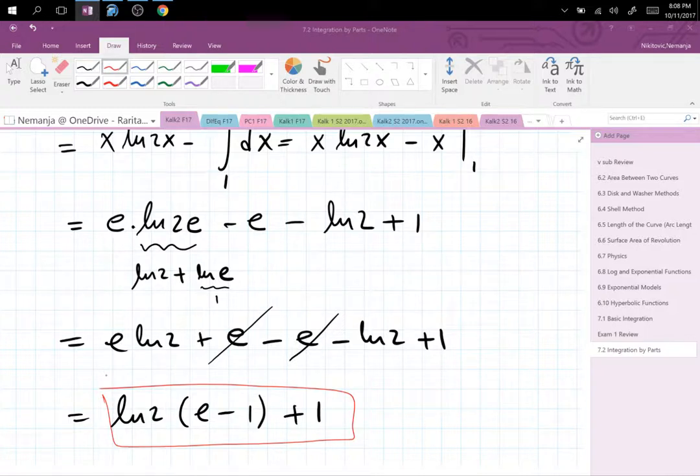Over here? e times natural log of 2e. Over here. They don't cancel each other. No, nothing cancels until you write it separately, because it has two. If the 2 was a square, you put it outside and then becomes 1. But this is the only one that cancels down to 1.